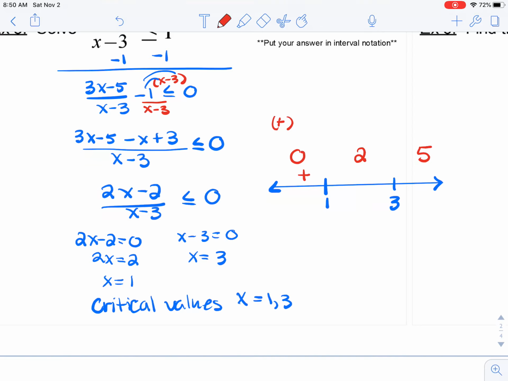If I plug in 2 into the numerator, it would give me a positive value. If I plug in 2 into the denominator, it would give me a negative value. So that means that a positive divided by a negative would be a negative.